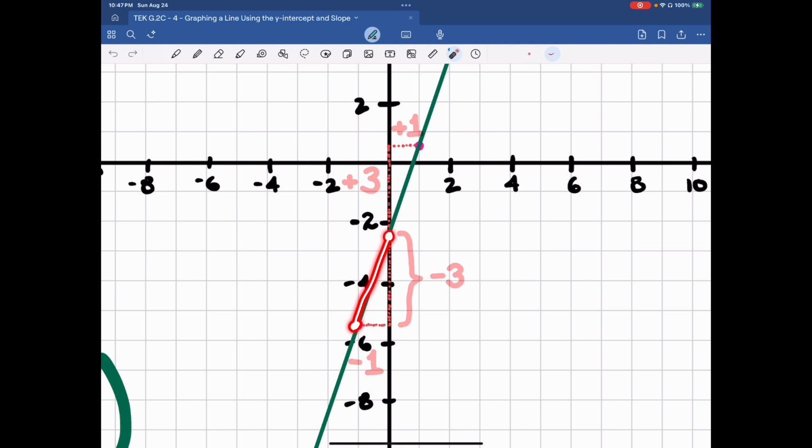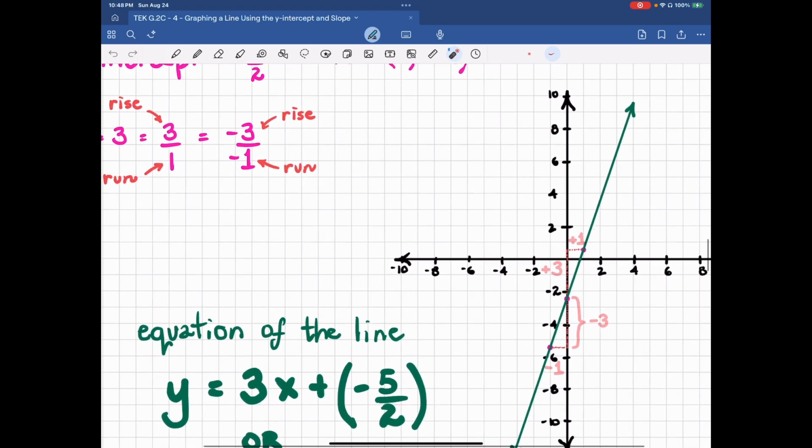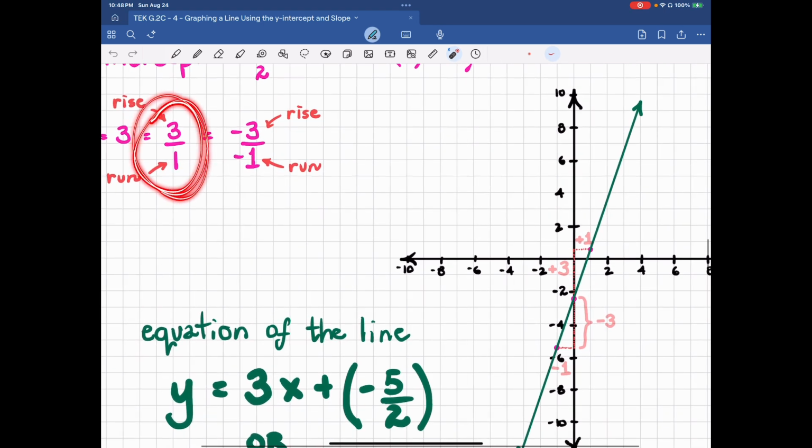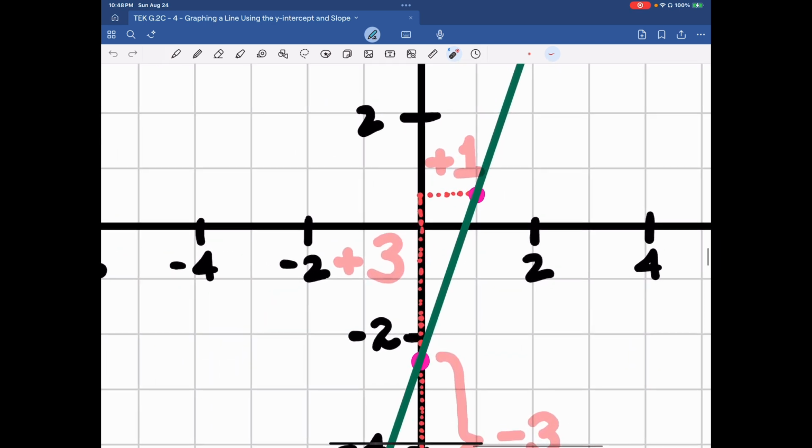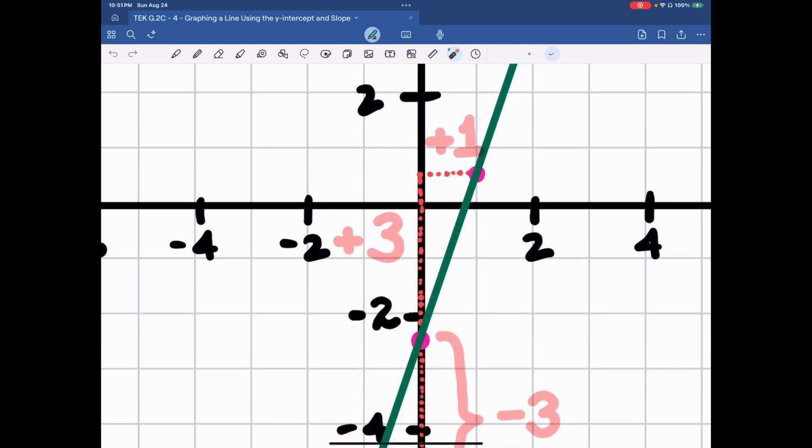I have enough points to draw what this line looks like. But I want you to see the positive slope and what that looks like on the graph as well. So the positive slope up here is a positive 3 over 1. So I'm going to go to my y-intercept, which is right here, and I'm going to go up 3, 1, 2, 3. Then notice I'm going from half mark to half mark to half mark, okay?